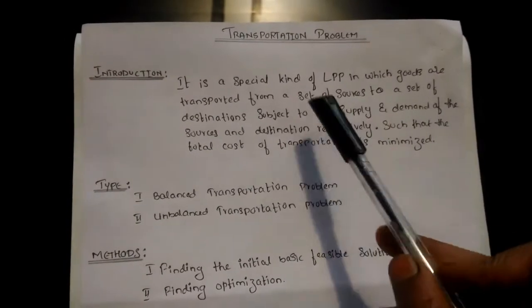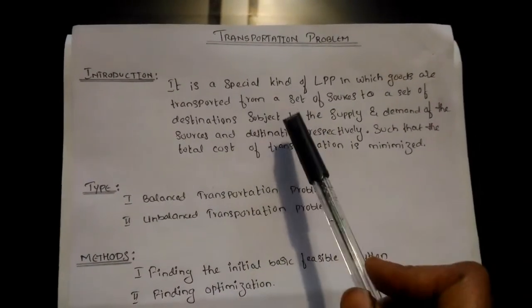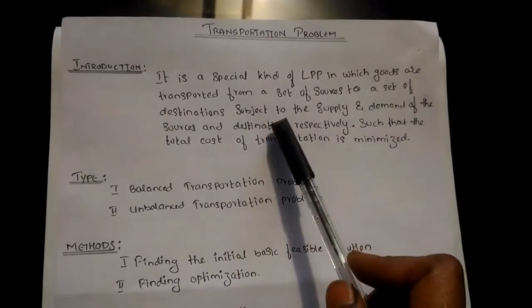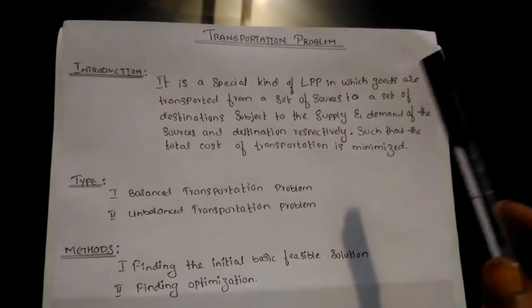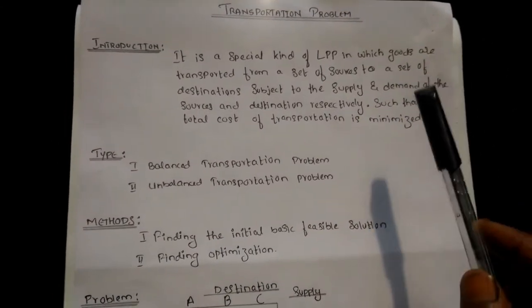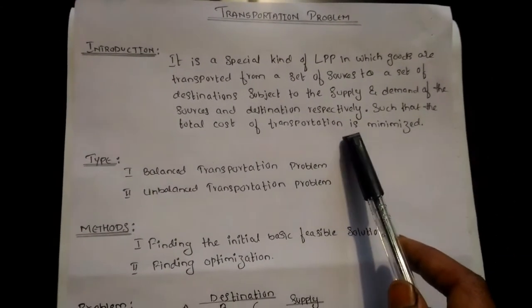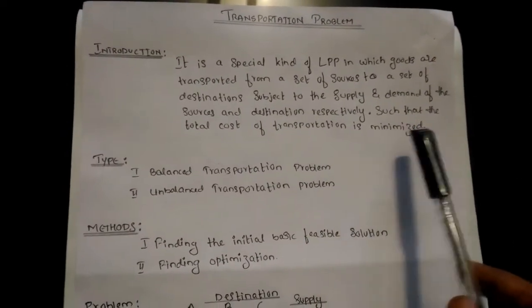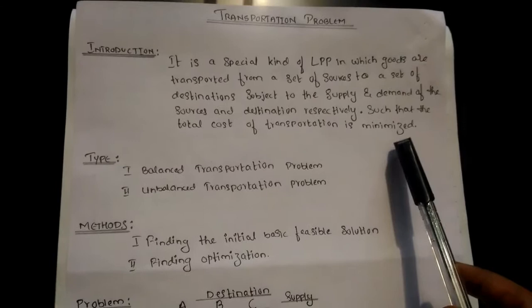That is the meaning of transported from a set of sources to a set of destinations subject to supply and demand. Subject to supply and demand means there should be a sufficient amount of products maintained in my warehouse to meet the demand, such that the total cost of transportation is minimized.